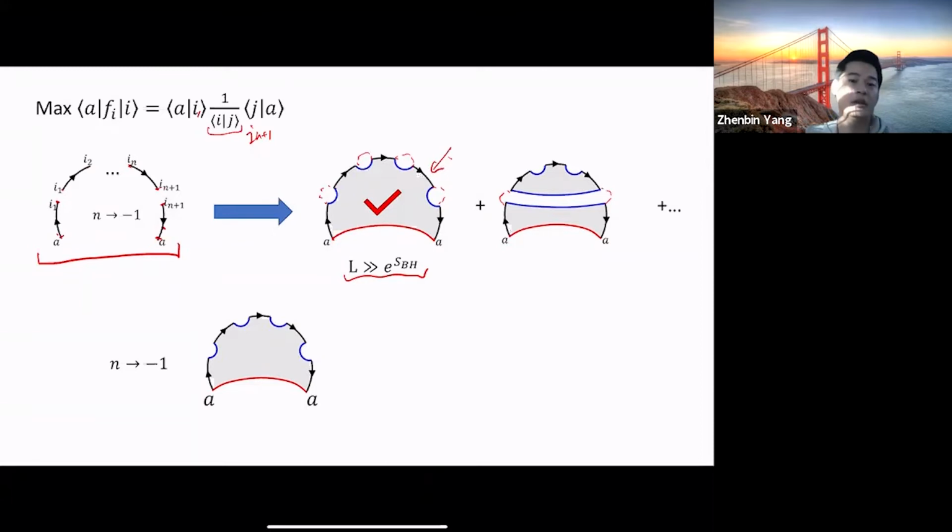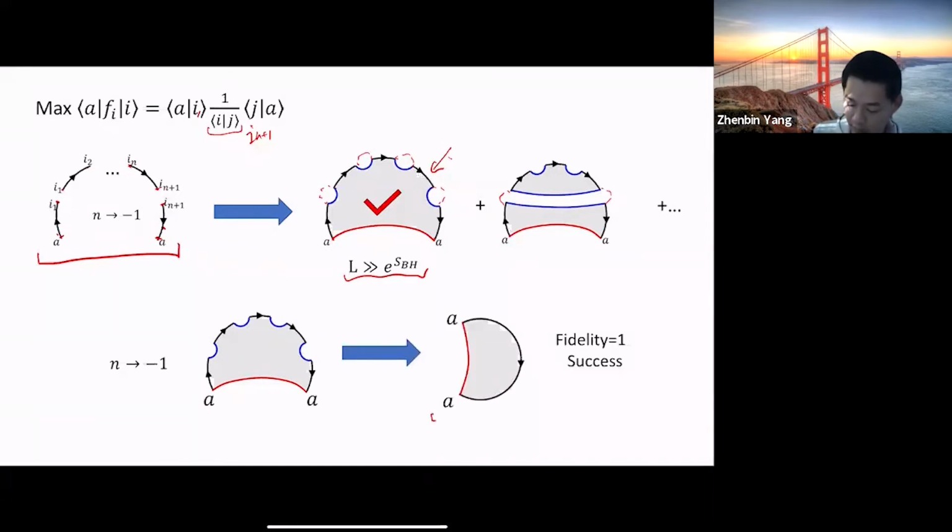And when you take the limit of n goes to -1, this fully connected geometry gives you the inner product of state A with itself. That is, the maximal inner product you can get, when L is much bigger than e to the S black hole, is equal to 1.